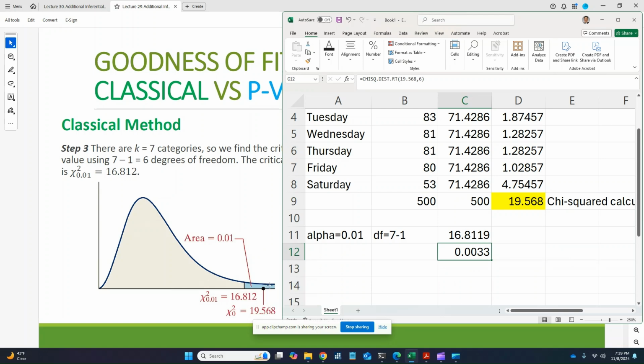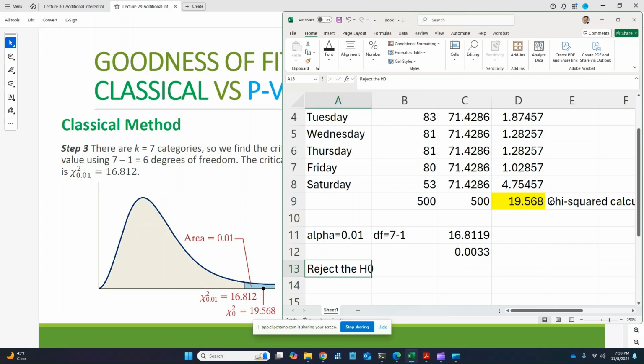That means the value of this blue region here, beyond this point 19.56, is 0.0033. And this alpha or p-value is less than the required alpha of 0.01. So in both cases, we reject the null hypothesis. Why?